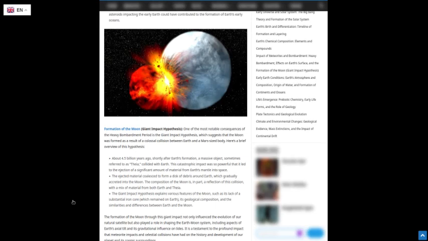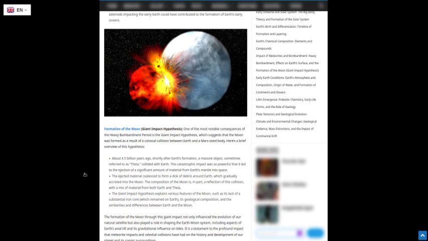Okay, so one of the most notable consequences of the heavy bombardment period is the giant impact hypothesis, which suggests that the moon was formed as a result of a colossal collision between Earth and a Mars-sized body. Here's a brief overview of this hypothesis. About 4.5 million years ago, shortly after Earth's formation, a massive object, sometimes referred to as Theia, collided with Earth.